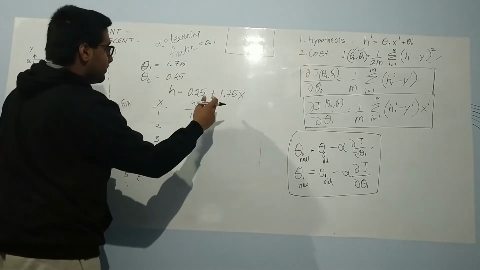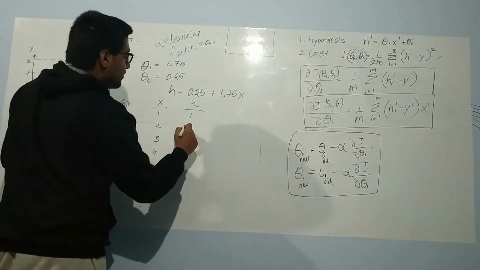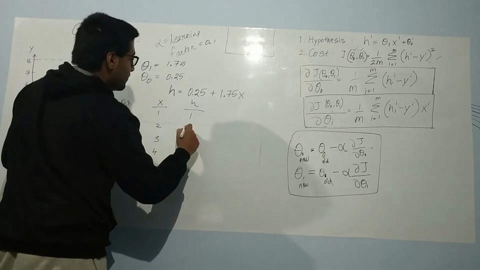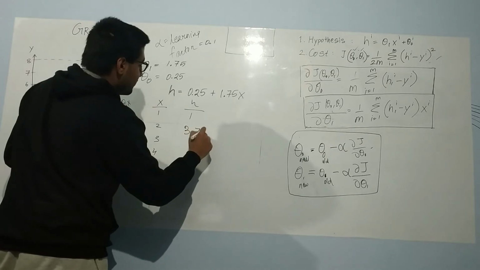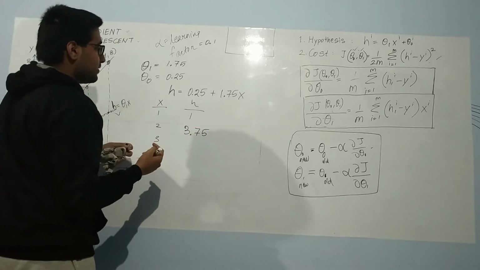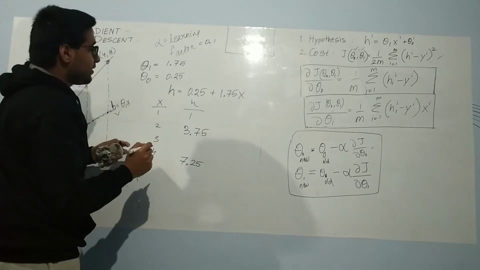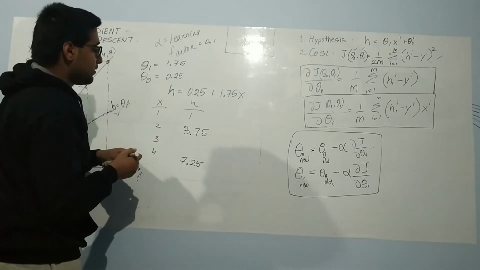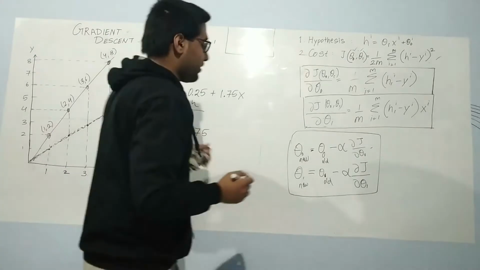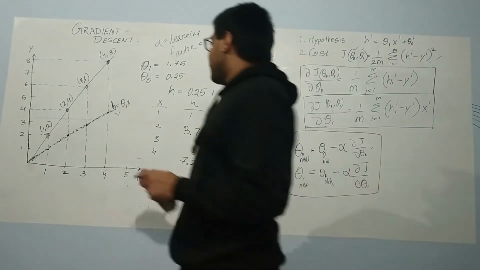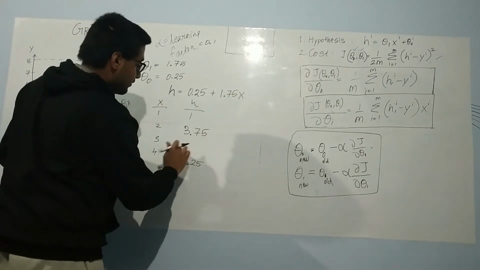Again, 1.75 into 2 plus 0.25, that's 3.75. Then this would be 5.5, and this one would be 7.25.